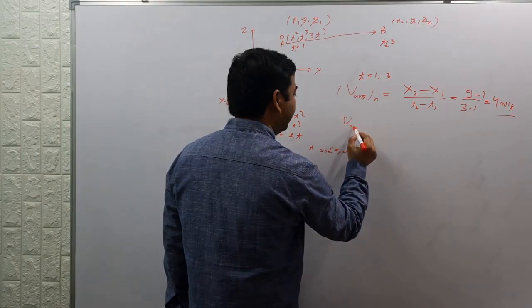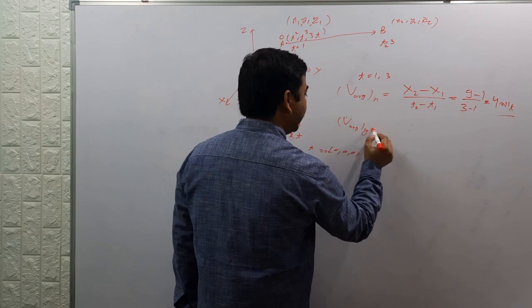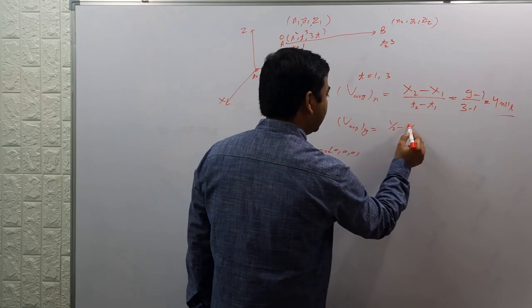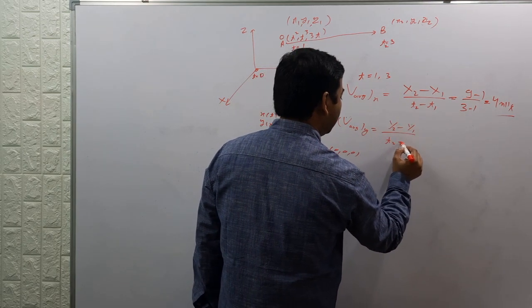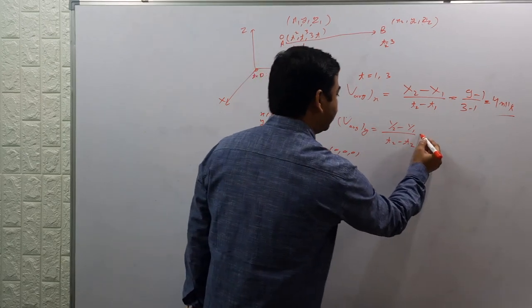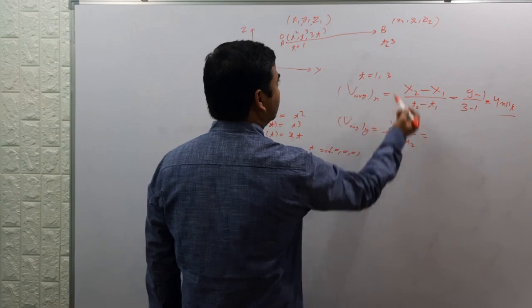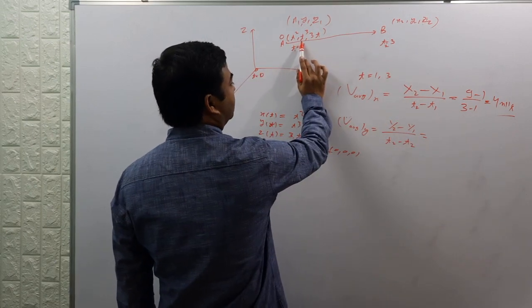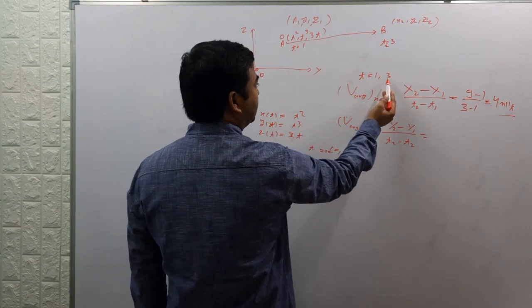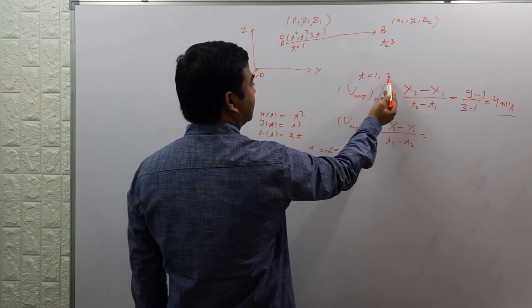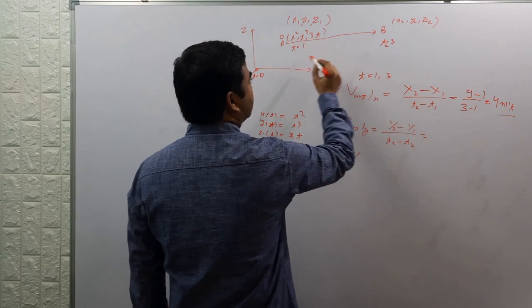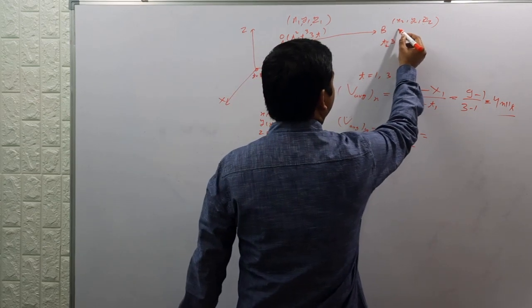Similarly, V average in y direction is (y2 minus y1) divided by (t2 minus t1). So this is y2. At t is equal to 3, we can directly write the coordinates here.